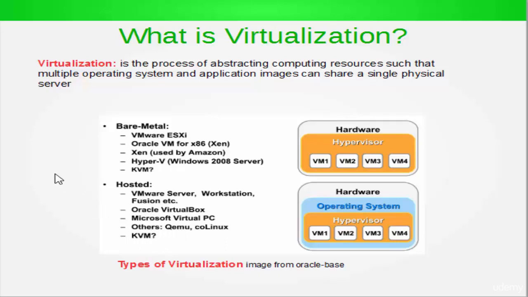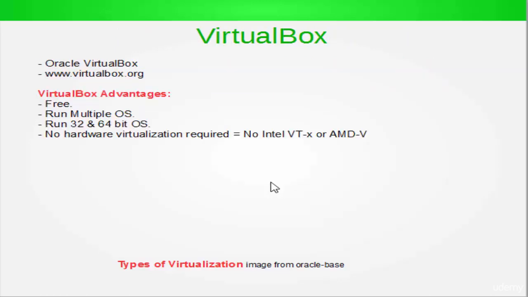Okay, so now we know what is VirtualBox and a bit about virtualization. Let's talk more about the VirtualBox. Now currently VirtualBox belongs to Oracle, and you can download it from virtualbox.org. It is a free software and you can install it on Windows, Mac or Linux.